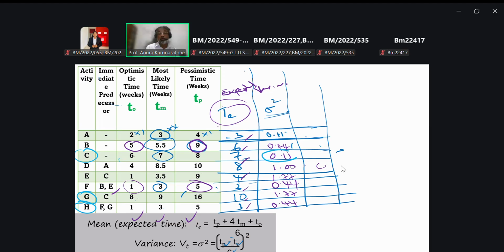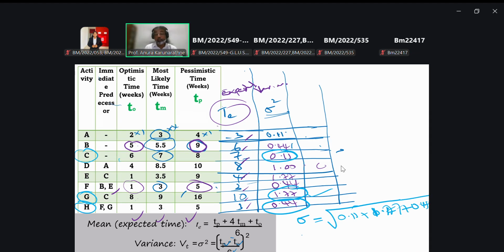Variance here: 0.11, G 0.177, and H 0.44, right? If you want the standard deviation, you have to take the square root of the sum.